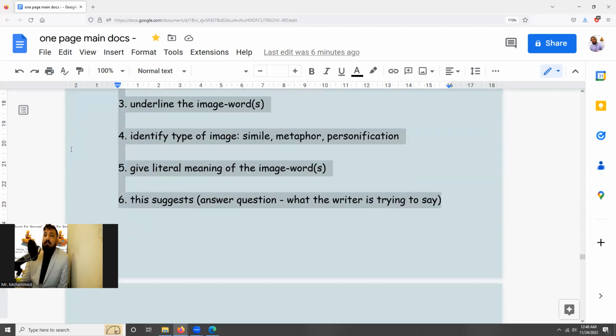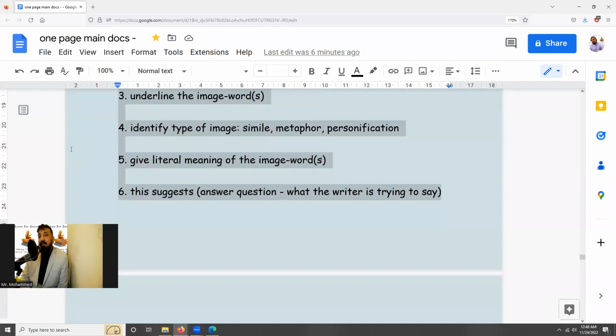Okay, then you just finish by saying this suggests. And now what you do is you just answer the question, or in other words, you just explain what the writer is trying to say by making this comparison. So what is he trying to say by calling this girl a shining star? He's trying to say that she is amazing, she's out of this world, something like that, yeah?